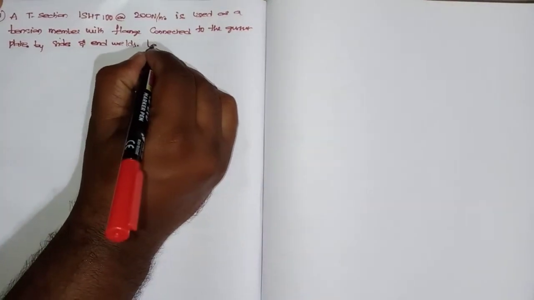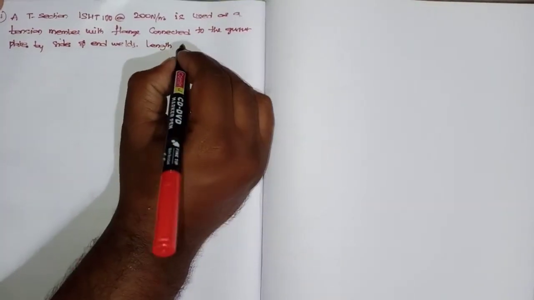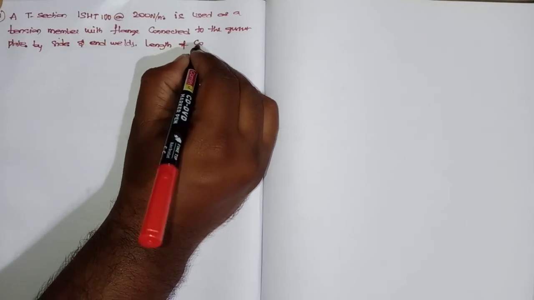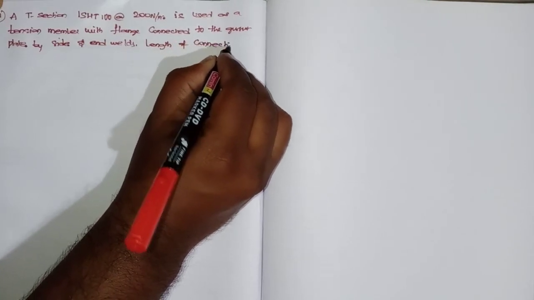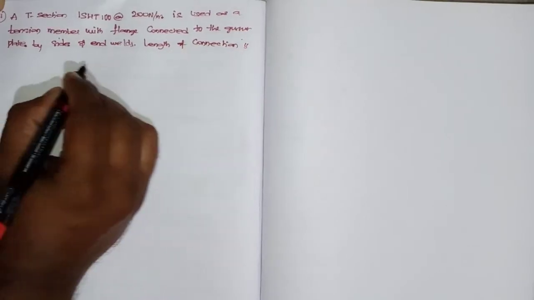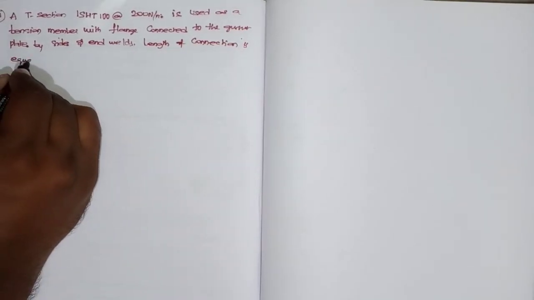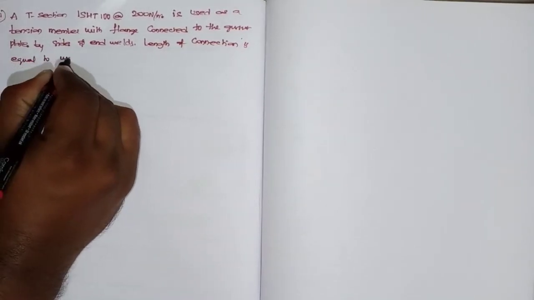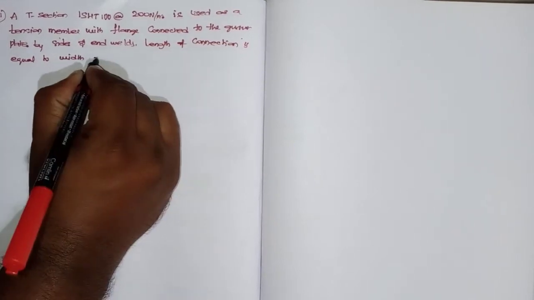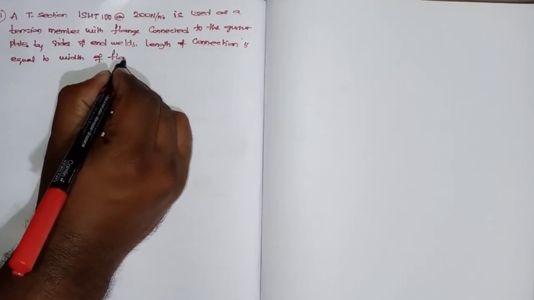And the length of the connection, means the length of the weld, is equal to the width of the flange.